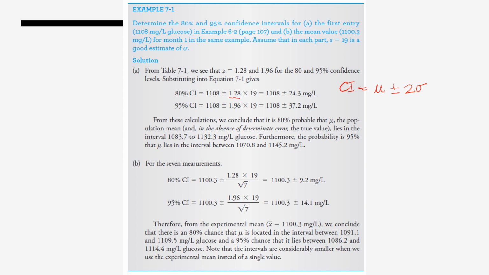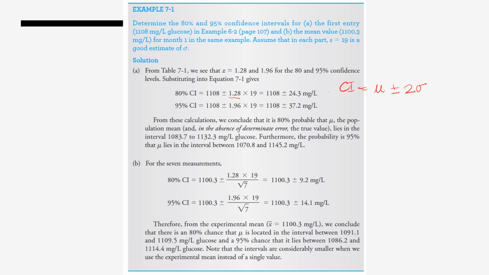That is the result at 80% confidence interval. So meaning our correct result can lie within that range. But at 95% confidence interval, the result is 1,108 positive negative 37.2 milligram per liter.